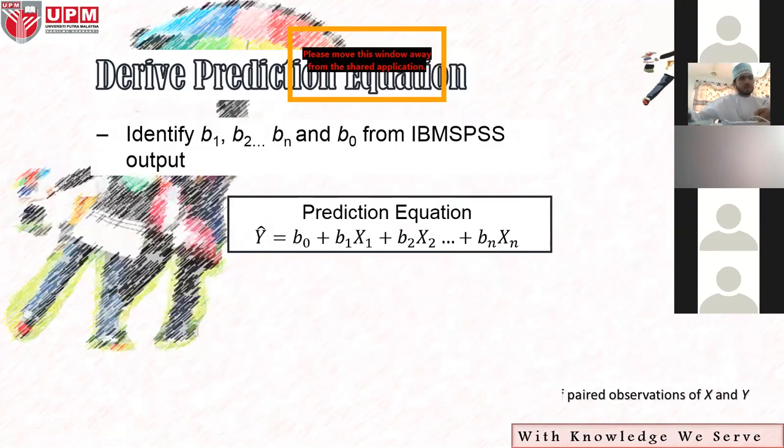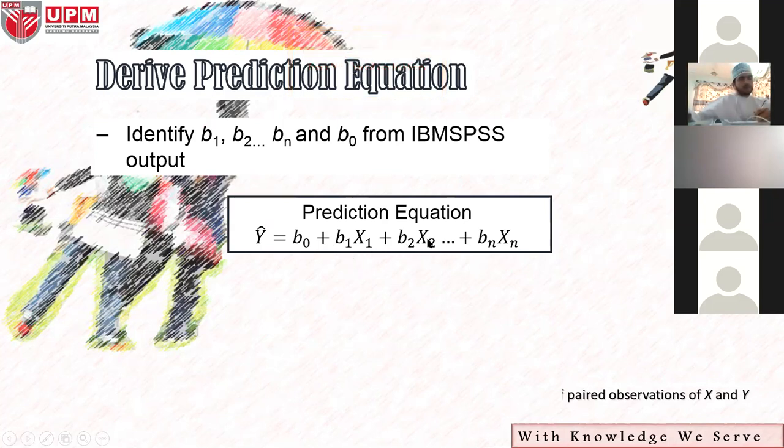So in terms of the prediction equation, because we have more than one IV, we should extend our equation according to the number of IVs that we have. If we have 4, meaning that we will have B1, our X, here we stop at 4.